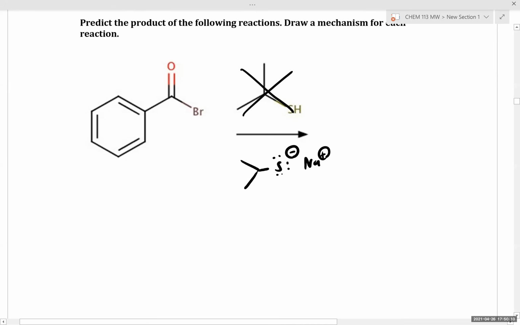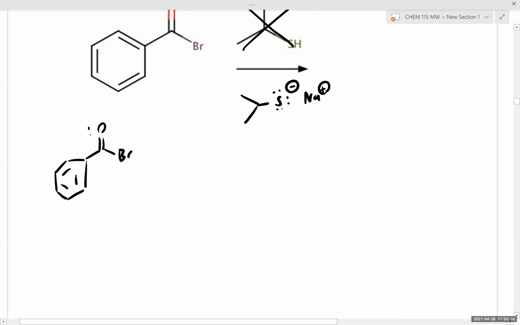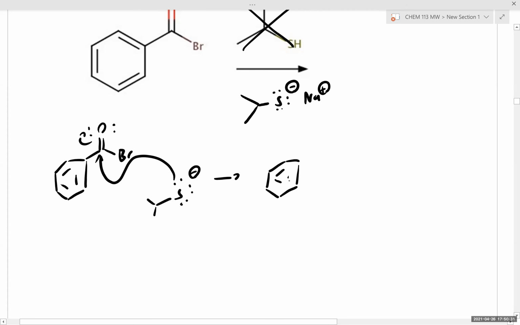So let's recap this mechanism as part of the instructor solution. So we have our electrophilic acyl bromide, our nucleophilic thiolate derivative will attack and generate a tetrahedral intermediate. From here, we're going to kick out our leaving group.